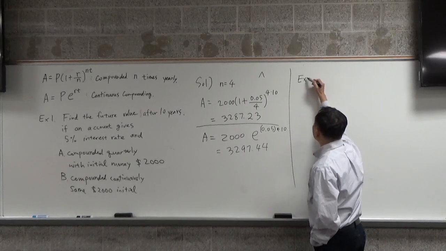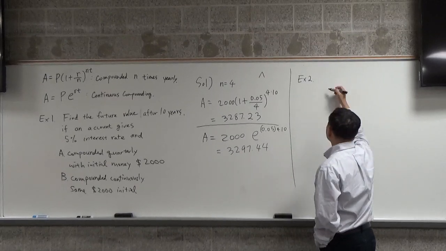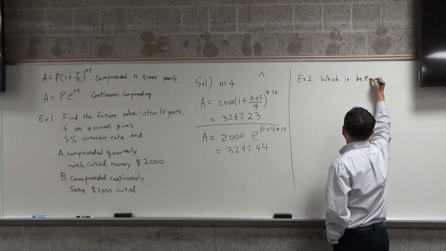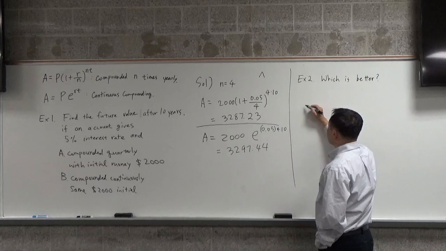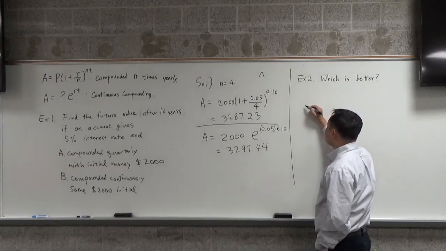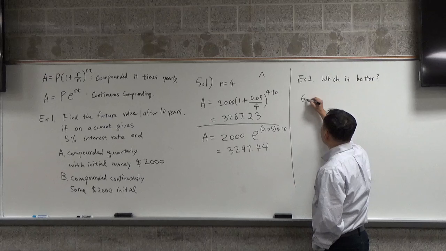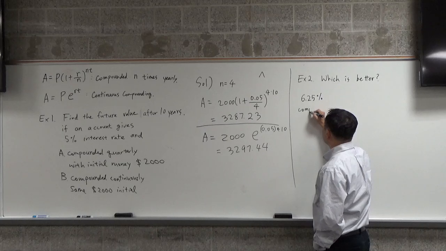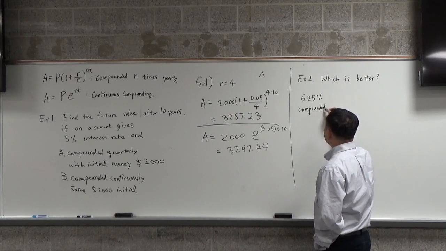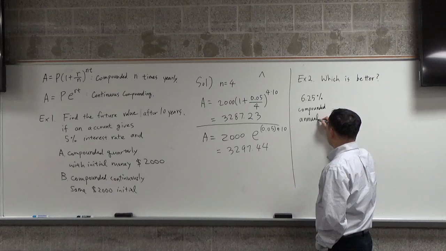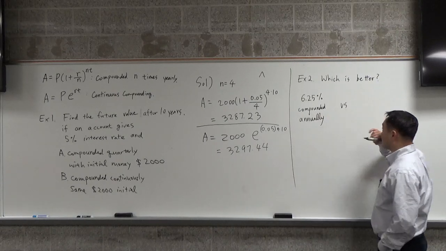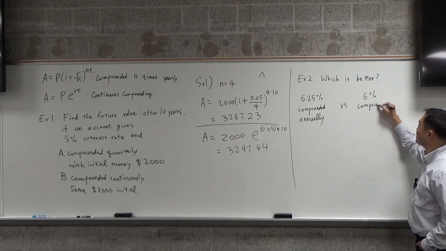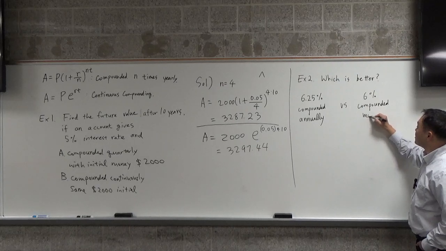Now, example 2, which is better? Let's say you have 6.25% compounded annually versus 6% compounded monthly.